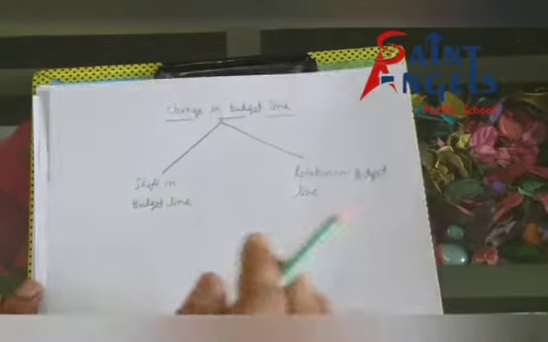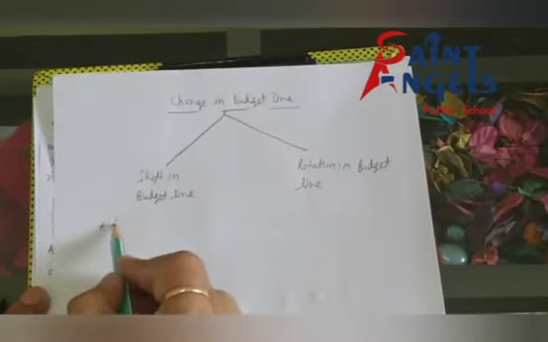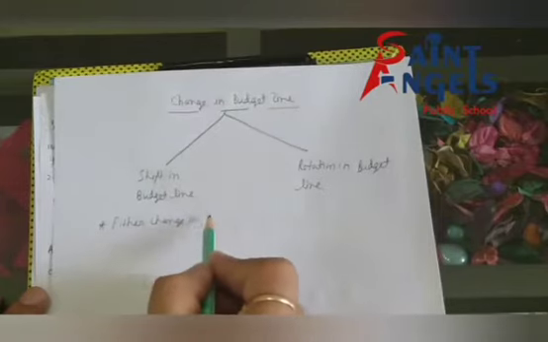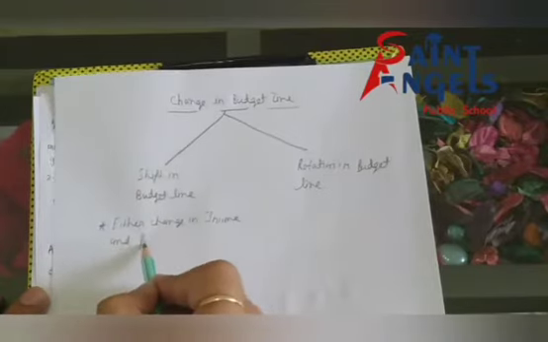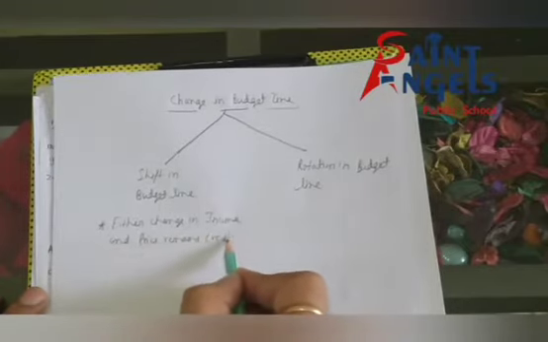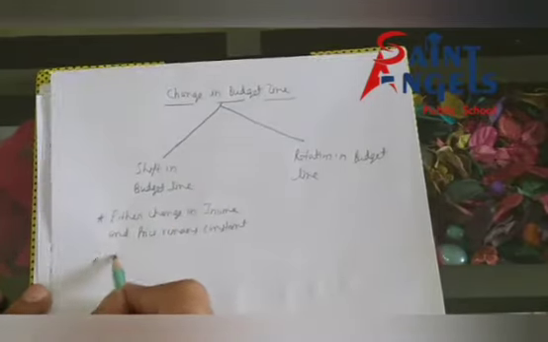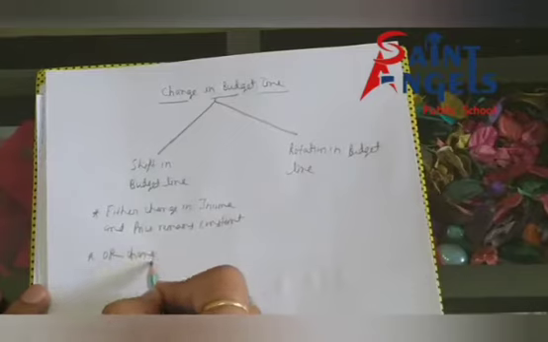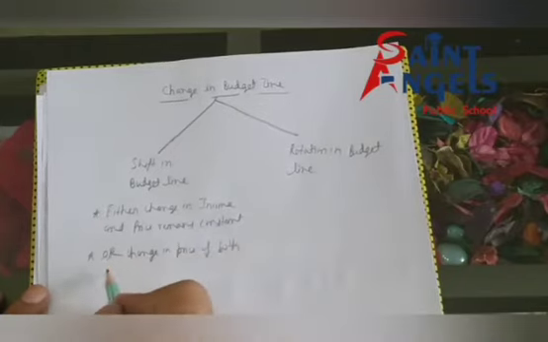See, shift in budget line means either change in income and price remains constant, or change in price of both goods and income remains constant.